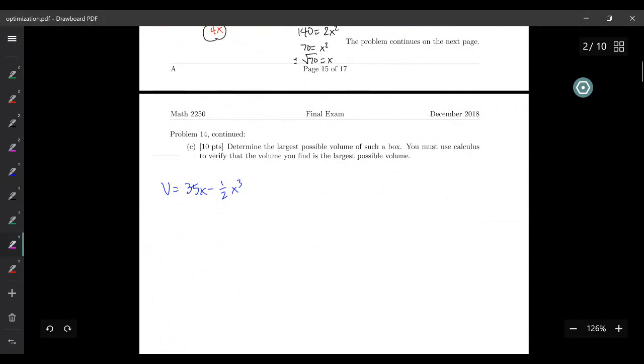The next step would be to find a critical point. All right, so V prime is 35 minus 3/2 x squared. Right, we set this equal to 0.